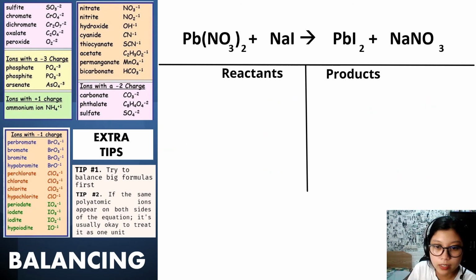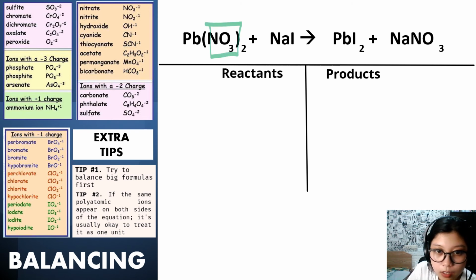Right, so let us proceed to the last sample problem of balancing chemical equations. Let us examine again the chemical equation where we have polyatomic ions present. We have nitrate, NO3, in the reactant side and NO3 in the product side.